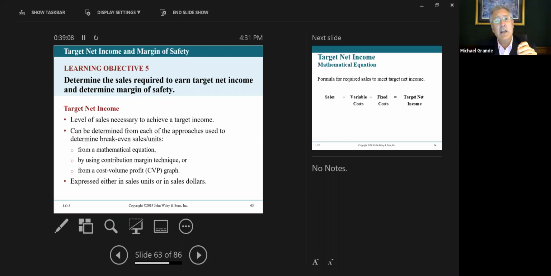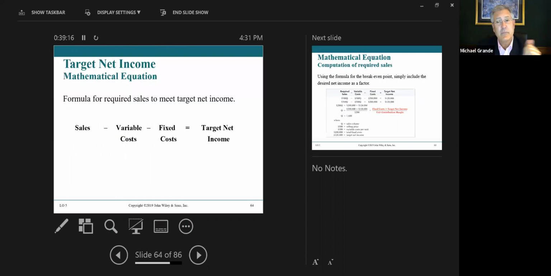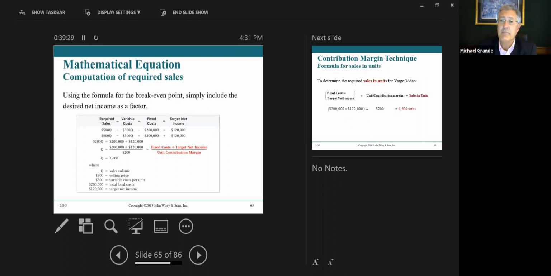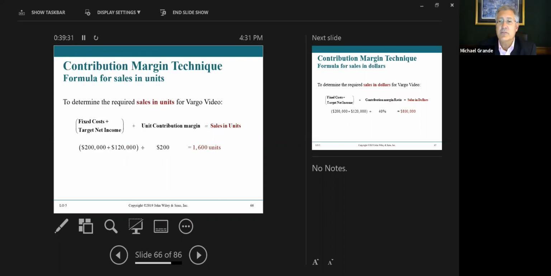Well, if we want to calculate target profit, isn't it break-even point plus the target net income? Formula for required sales to meet target net income. Sales minus variable cost minus fixed cost equals the targeted net income. Again, we don't want to use this approach.